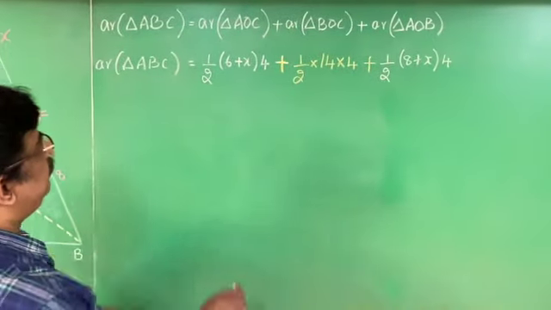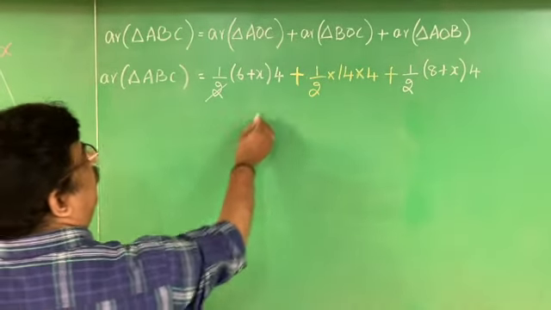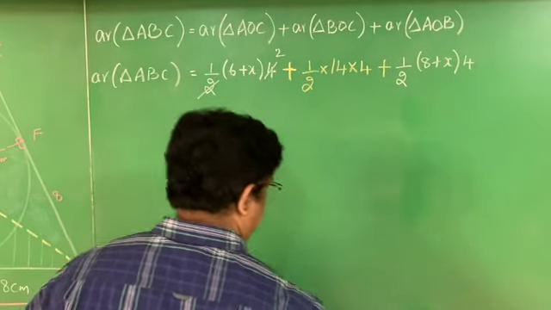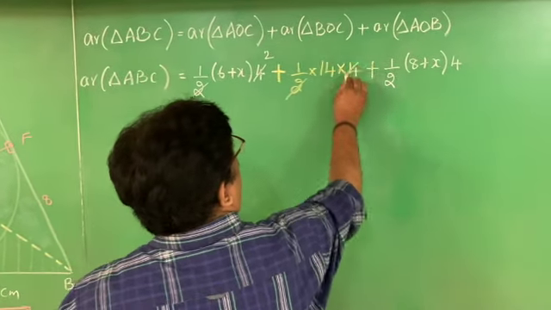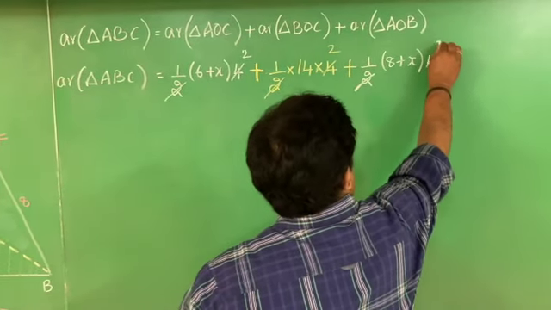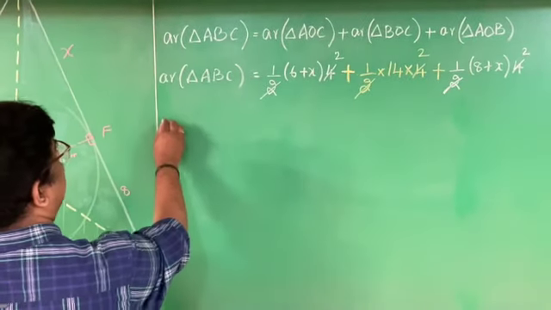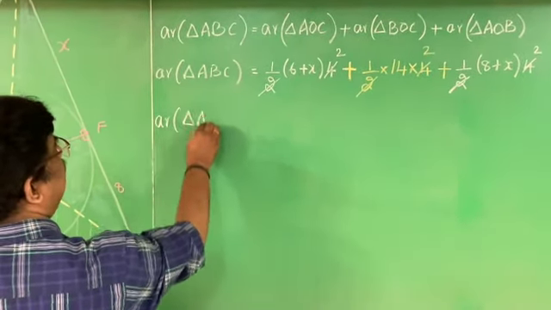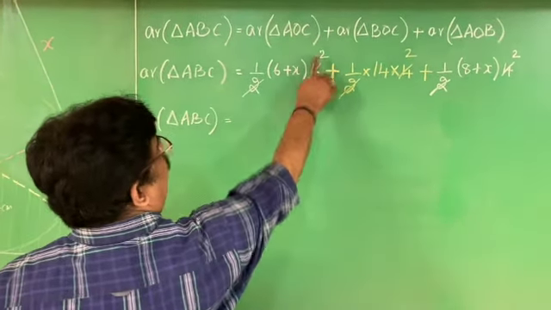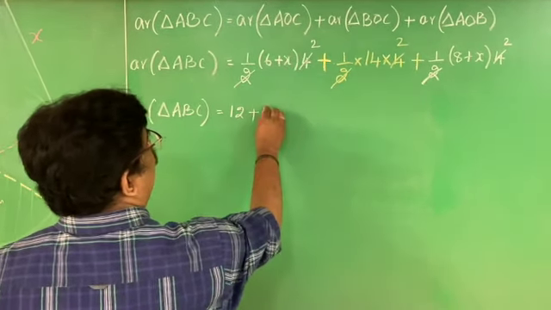Now, cancellation. Since the altitude is 4, it is easy to cancel. 2 ones are 2, 2 twos are 4. Altitude 4 is there, easy to cancel. Now multiplication. Area of triangle ABC is equal to, here 2 is there, 2 into 6, 12, plus x into 2, 2x.